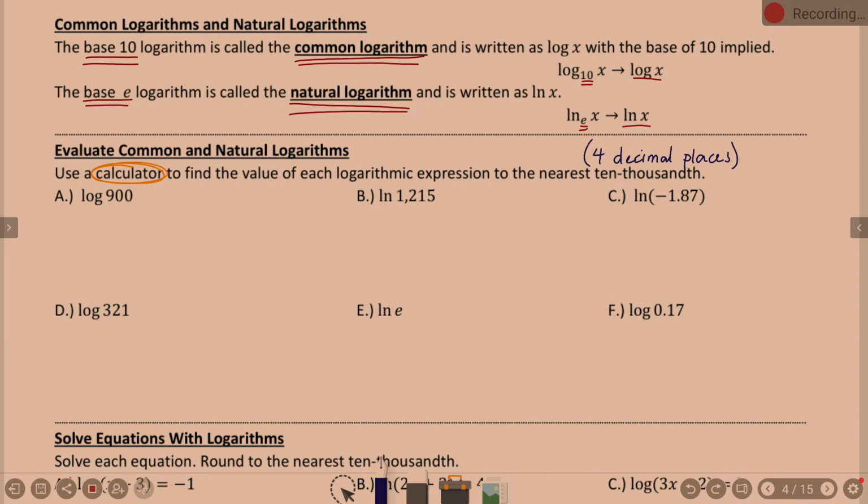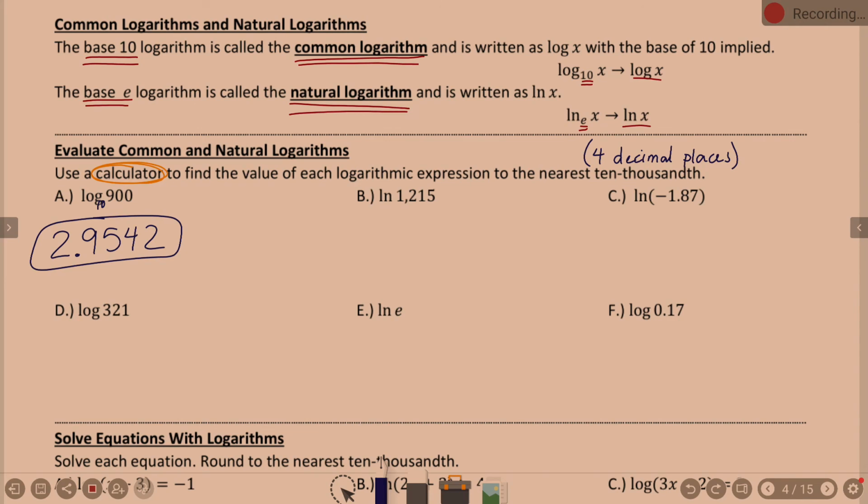So when you get 4 decimal places, 2.9542. There's no work to show. Your calculator did the work. Now, why was I able to do that one on the calculator? Because it just says log. What base was this log 900? 10. Okay, so it was base 10, so that's why I could do this.